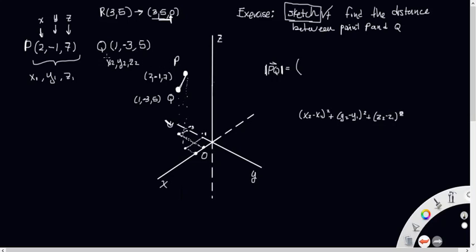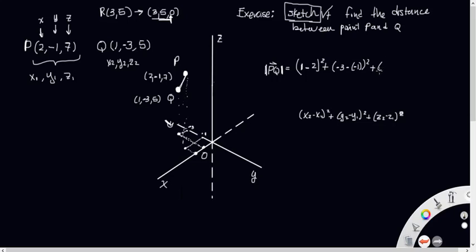So using this as reference, the first term is 1 minus 2 squared, plus minus 3 minus minus 1 squared, plus 5 minus 7. Let me erase this and rewrite it again.